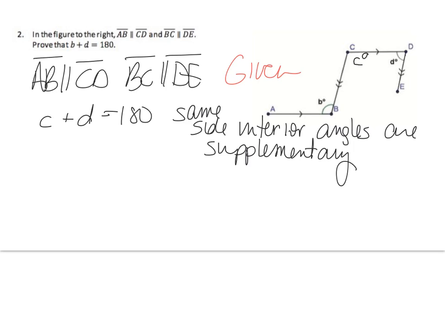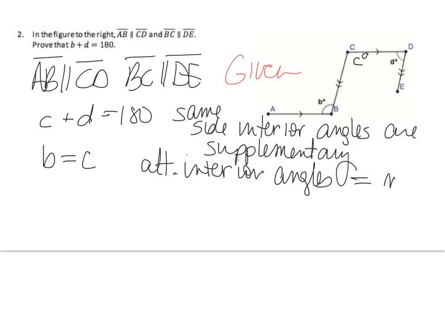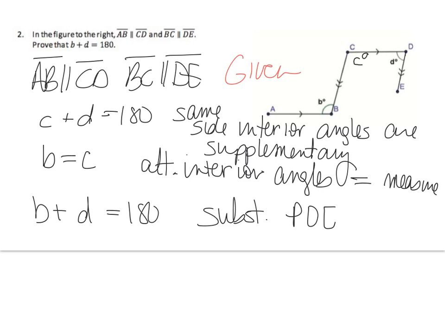And then I can say that, oh, I missed my color coding, sorry. We can say that B is equal to C because alternate interior angles are equal in measure. Cool, and then I can substitute. B plus D equals 180. Substitution property of equality.